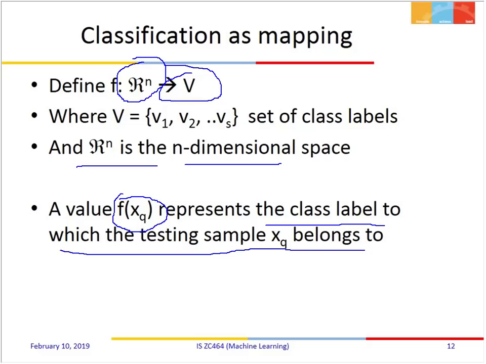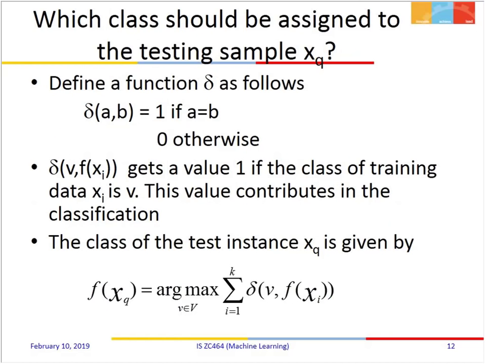Suppose this value is v2, then we say that xq belongs to the class whose label is v2. So just take it as an idea that classification is viewed as a mapping in machine learning. It is a mapping from n-dimensional space to the single-dimensional space of class labels. Basically, we are assigning a class label.